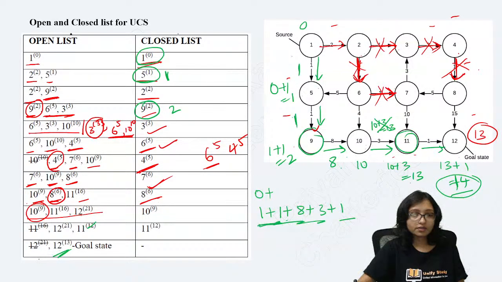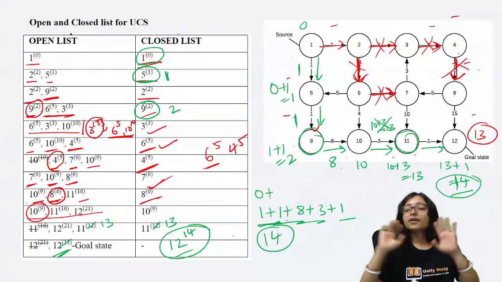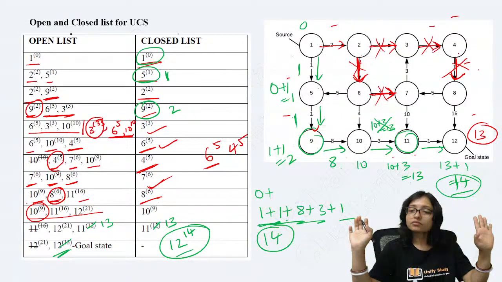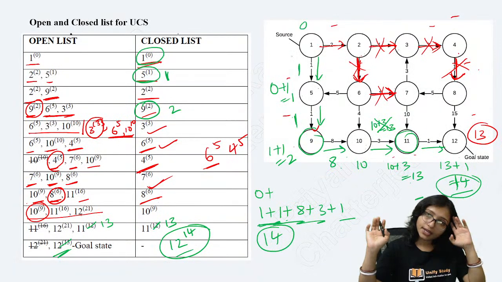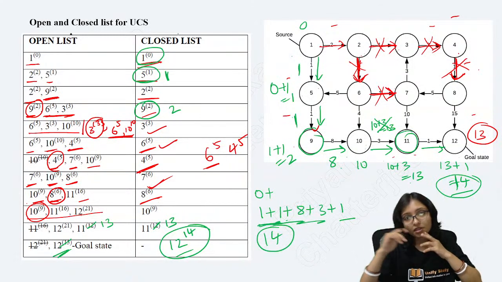It is not 12. It will be 13. This will also be 13. And this will be 14. Final answer is 14. Clear? Is that clear? Yes. Take the minimum. Yes, I took the minimum only. Through this path only we are taking the minimum.